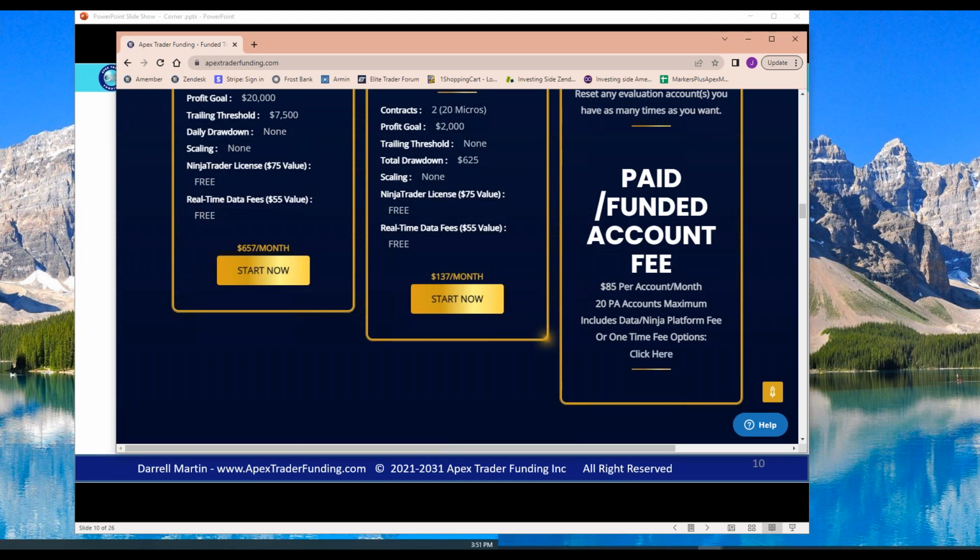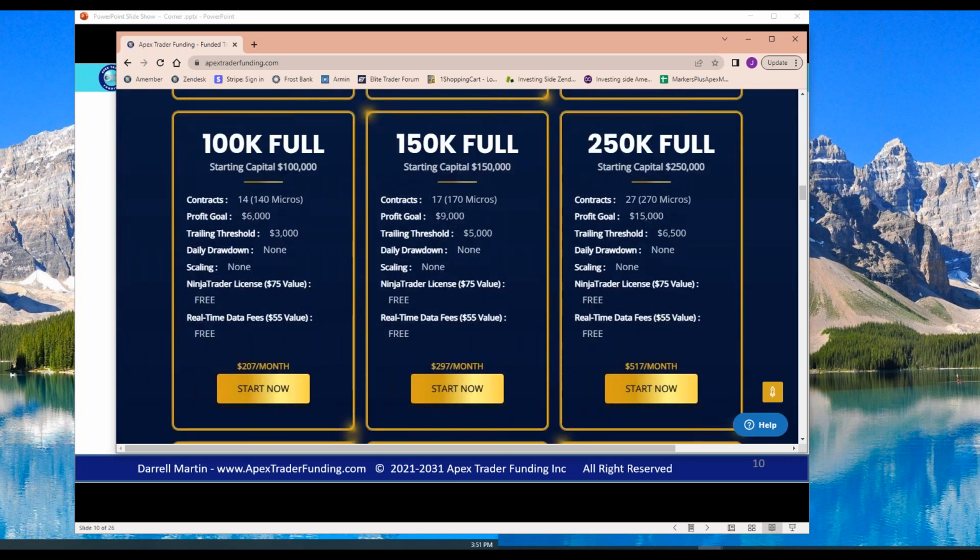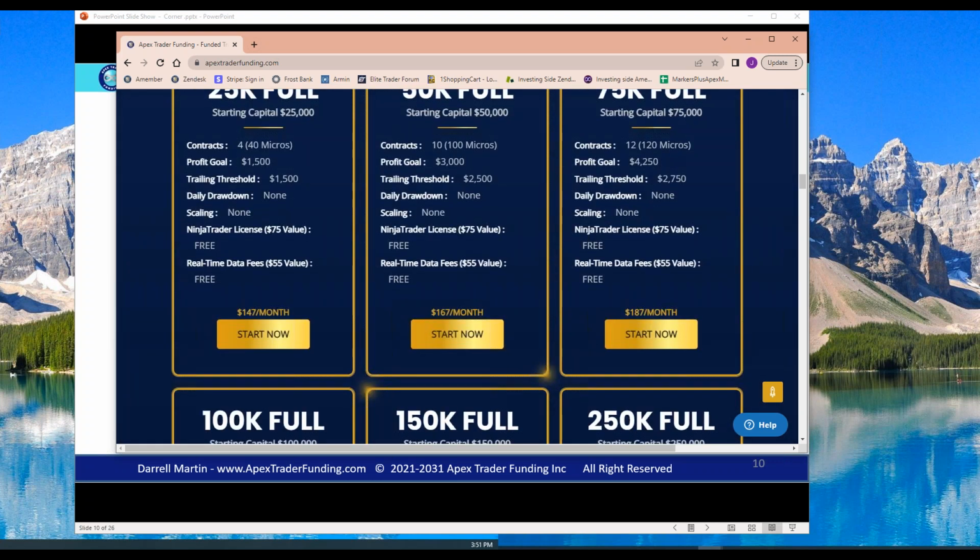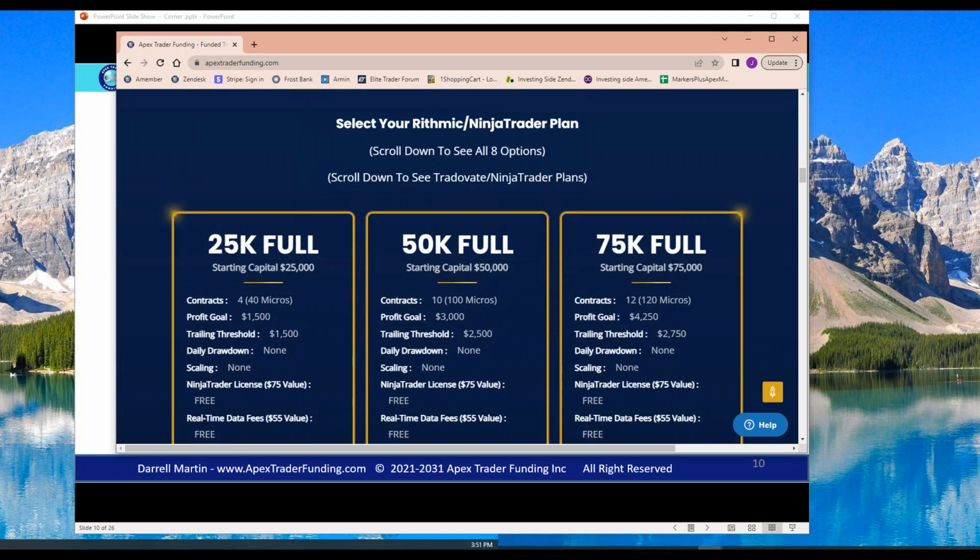That fee is there to cover the monthly data feed and the Rhythmic Trader. That's it. Those are your fees. There are no other hidden fees here, guys. By the way, we've got two different accounts. We've got accounts that provide data through Rhythmic, and we have accounts that provide data through Tradovate, depending on what platform you want to trade on.